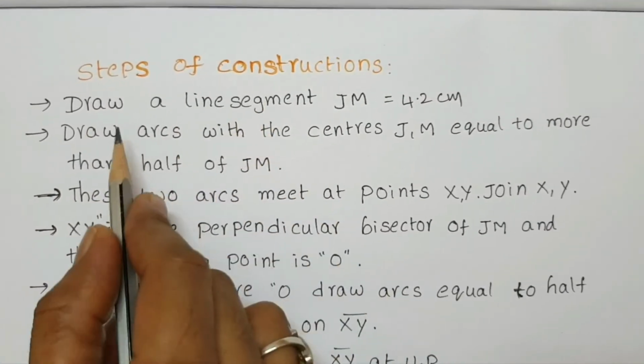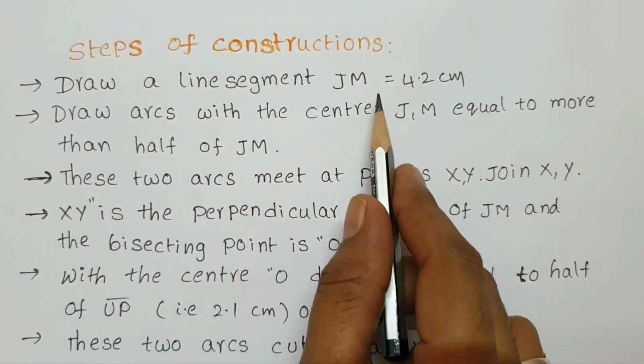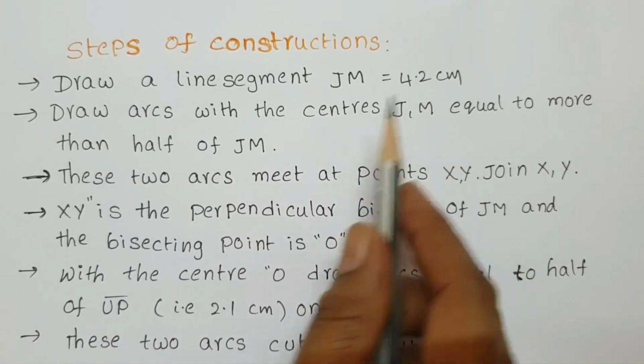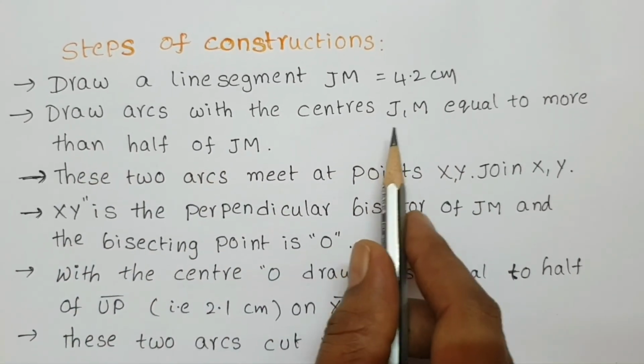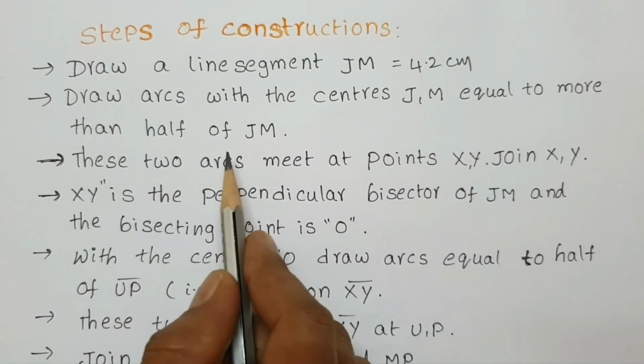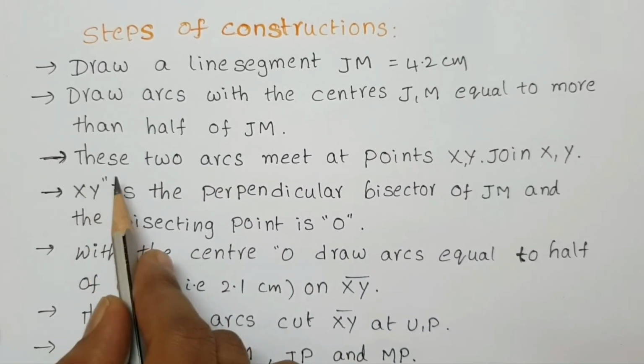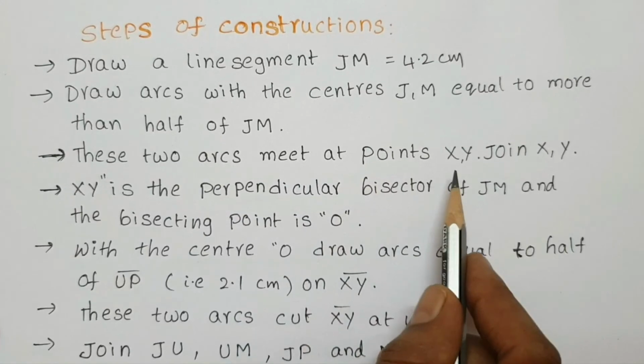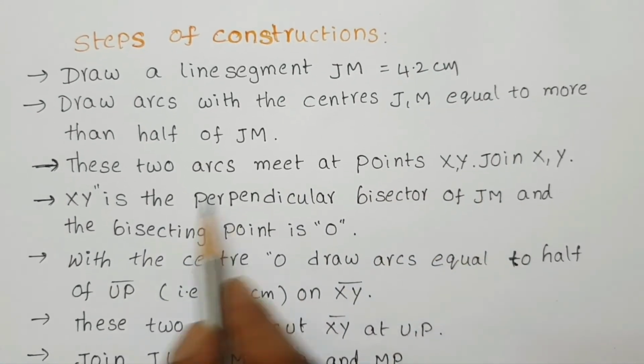Steps of construction. First, draw a line segment JM equal to 4.2 centimeters. Draw arcs with centers J and M of more than half. These two arcs meet at X and Y; join XY.